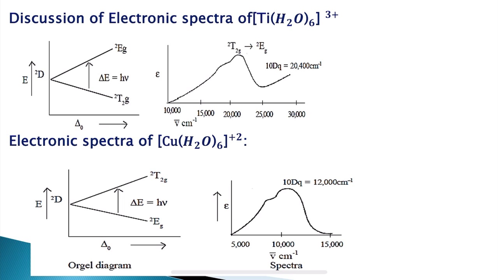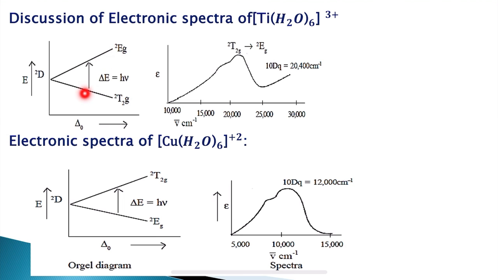So, the ground state configuration of titanium hexahydrate is T2g1. Whereas, on absorption of radiation of frequency, let me call it delta E, meaning the change in energy or the absorption energy, which will be equal to h nu, the electron gets promoted to one of the Eg orbitals.